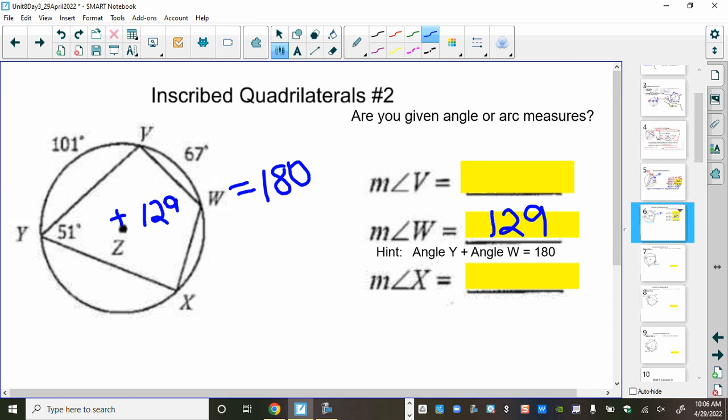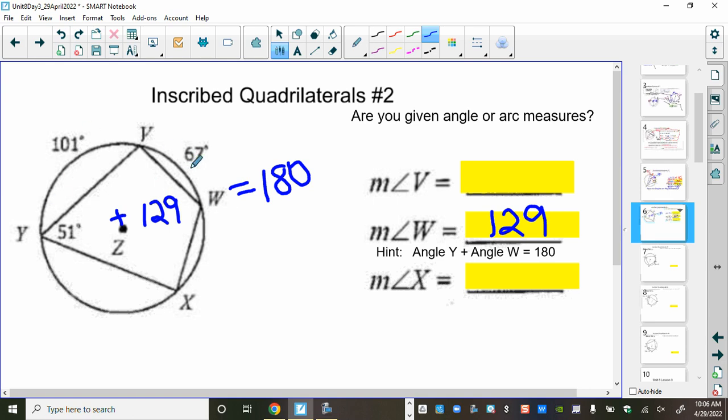All right, now the other ones are going to be a little harder. But here's where we have to go back to the rules about circles, the sum of the arcs, 360, and all that stuff. So here's what we need to do. In our circle, we have a 101 and a 67.